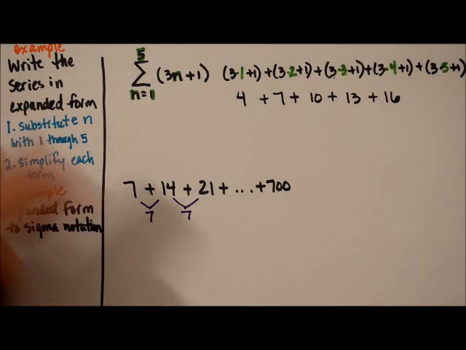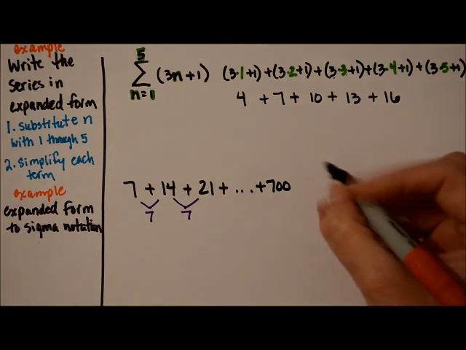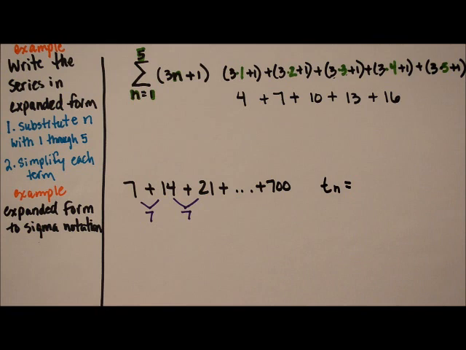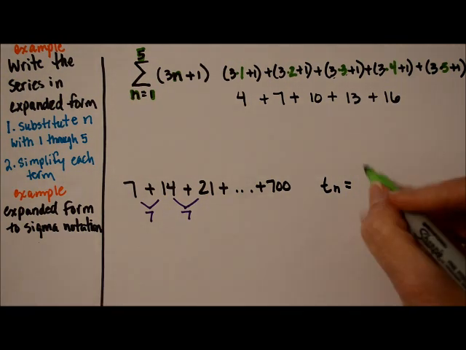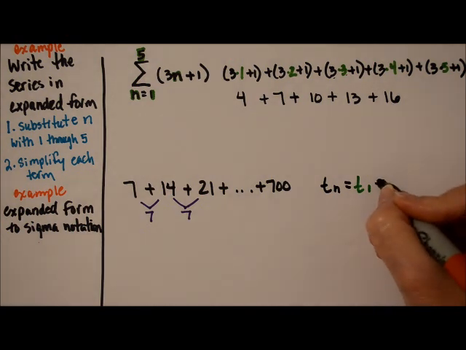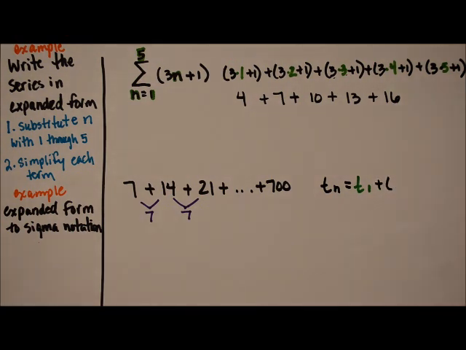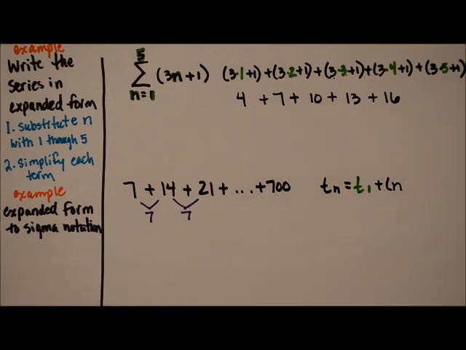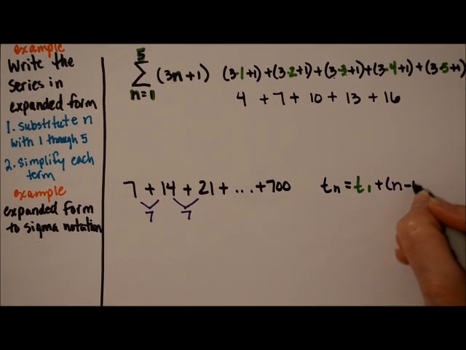Remember, the formula for an arithmetic series is Tn equals T1 plus n minus 1 times the difference d.